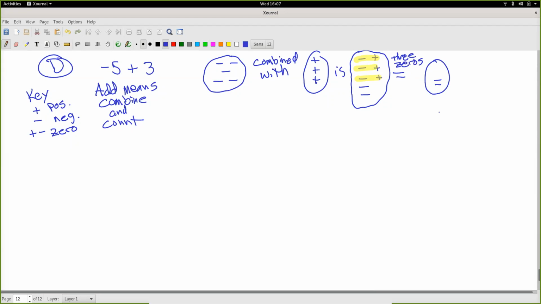So the net charge here is a -2 for the final answer. Not too bad.